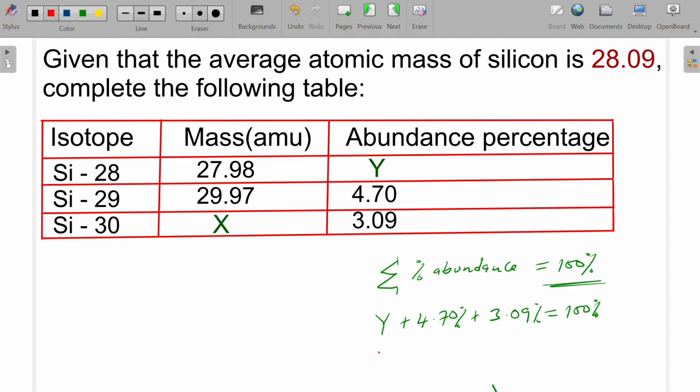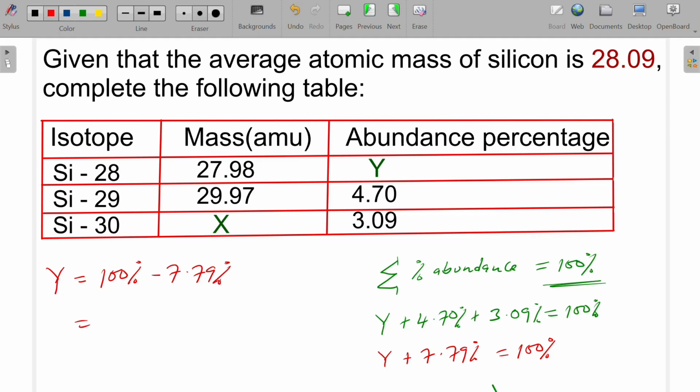When you do the mathematics, Y added to 4.70 added to 3.09, the 4.70 and 3.09 give us 7.79%, and this must be equal to 100%. To find our Y, taking 7.79 to the other side, it becomes negative, so Y will be equal to 100 minus 7.79%.